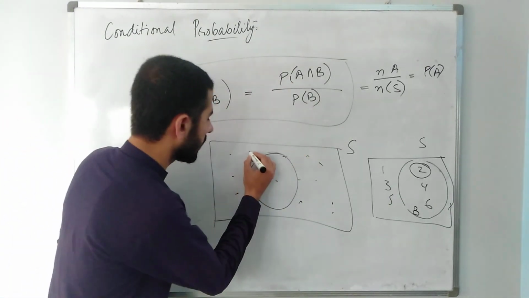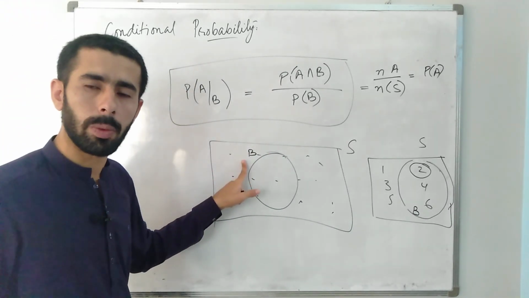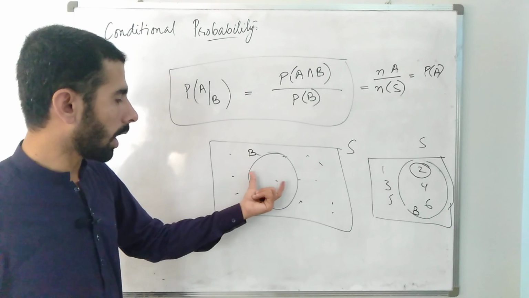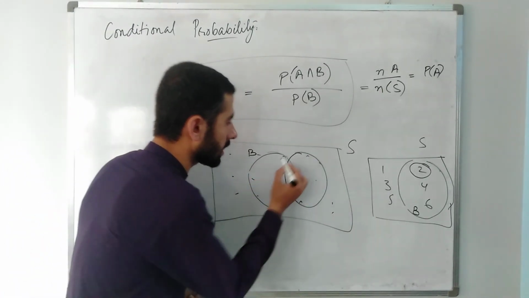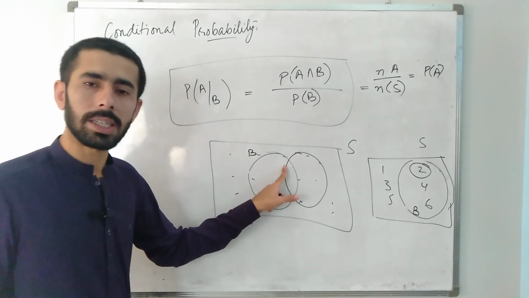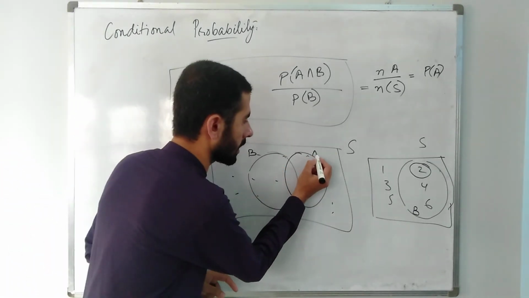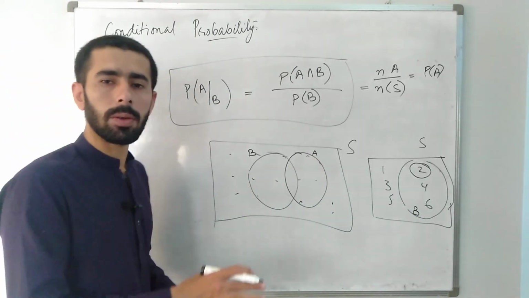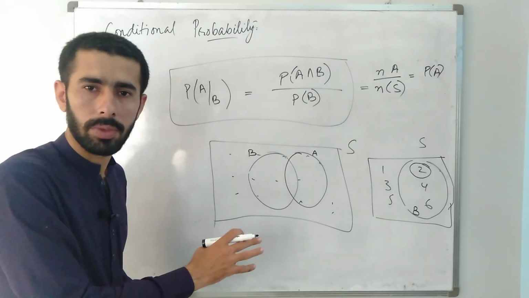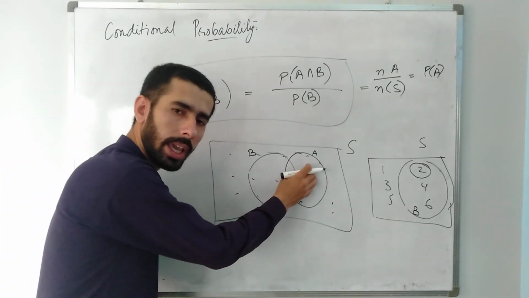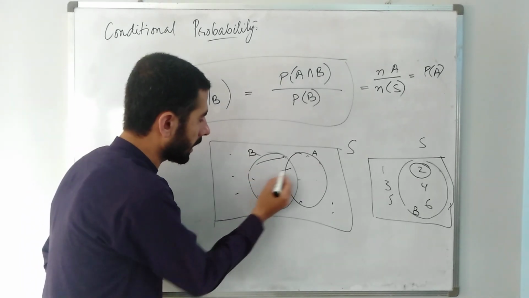So we say that once we are provided that some other event B has occurred, our sample space becomes this set B. If this is event A, the event in which I am interested, I want to see what are the chances of occurrence of A given that B has already occurred. So B has already taken place.